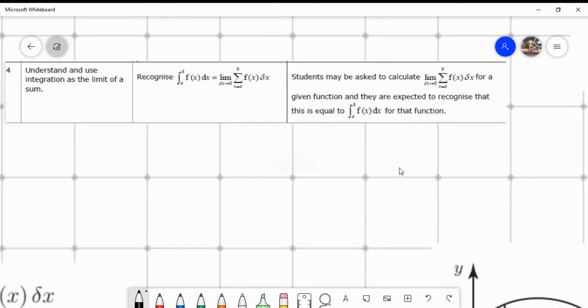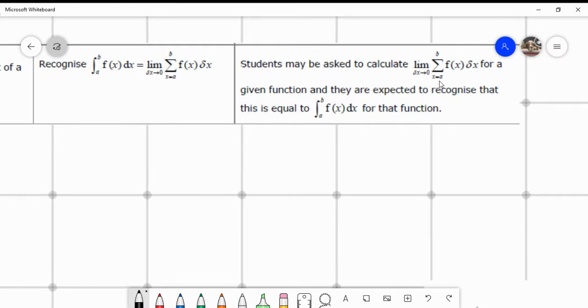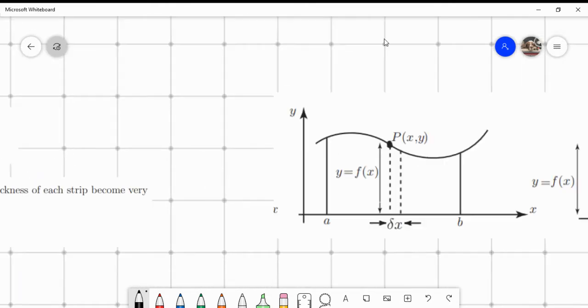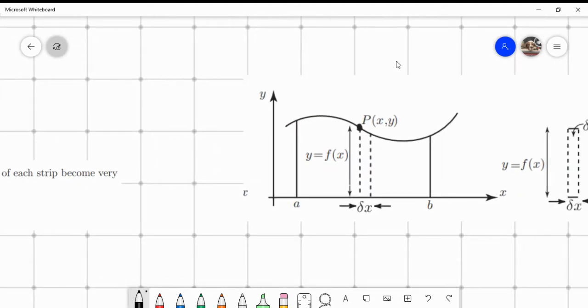You can see that the starting value is a and the end value is b, and these are the lower and upper limits of that integral. If you imagine the picture, this is your function f of x, so there is the curve.